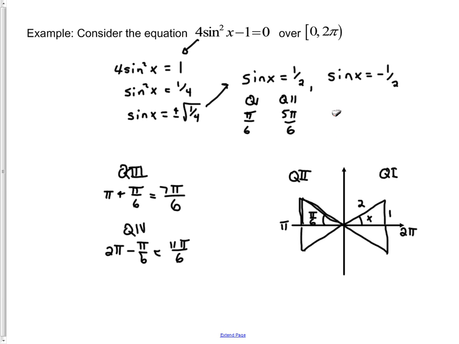And so in this case, our 4 solutions include pi over 6, 5 pi over 6, 7 pi over 6, and 11 pi over 6. And that's our process, more or less. We're just going to be looking to see what kind of values would satisfy that equation. And if we know something about a reference angle and we know something about our quadrants, we're usually able to find all the values that we need. Okay, more to come in the next video.